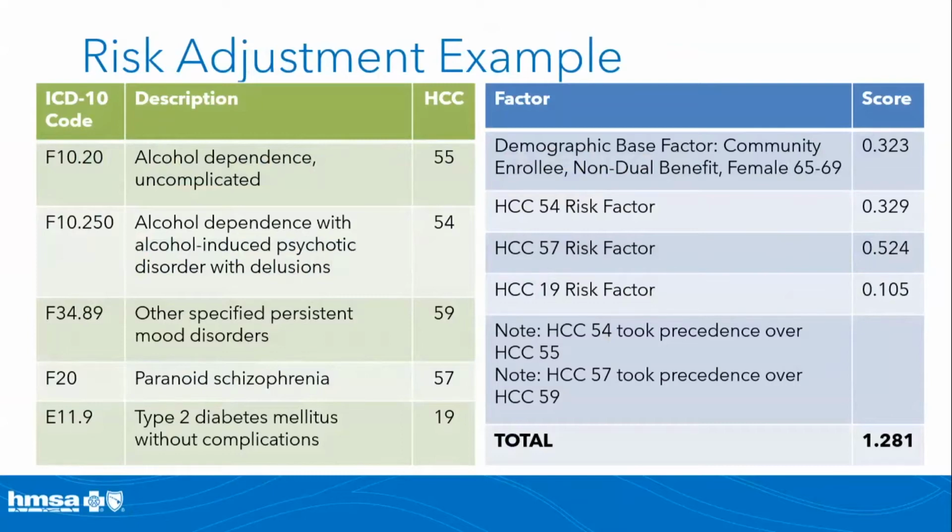Now, if you look at the chart on the right-hand side, you'll see that this patient has multiple HCC scores added together for HCCs 54, 57, and 19, but no additive factors for HCCs 55 or 59 is used in this calculation. This is because HCC 54 takes precedence over or trumps HCC 55, and HCC 57 takes precedence over HCC 59. The precedence is due to the increased severity of these diagnoses.